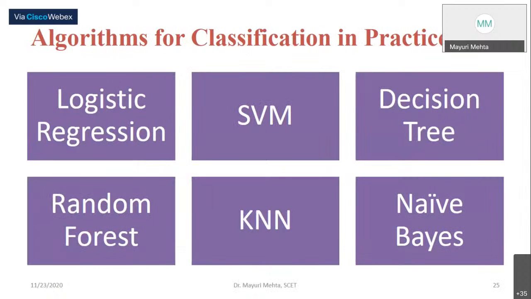So this is KNN. Naive Bayes, I observed that you learned it, but let me briefly tell you what the Naive Bayes algorithm is and how it works. It is a classification technique based on applying Bayes theorem with a strong assumption that all the predictors are independent of each other.